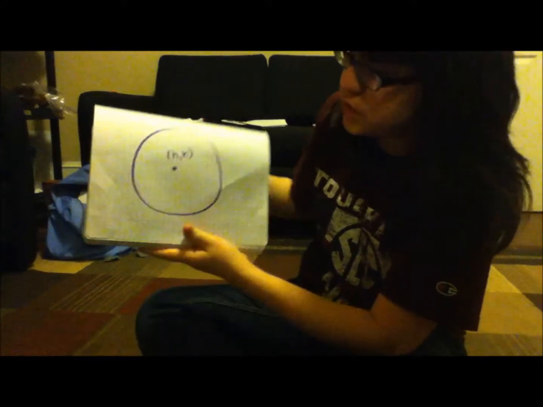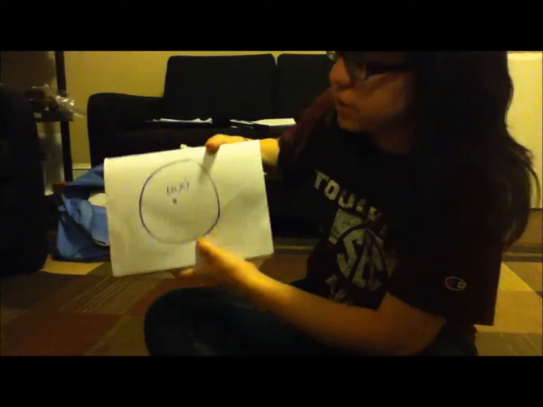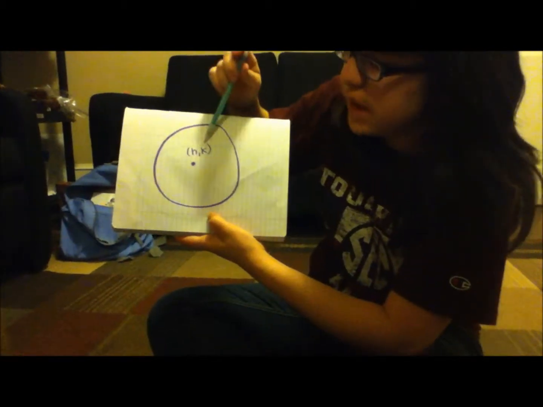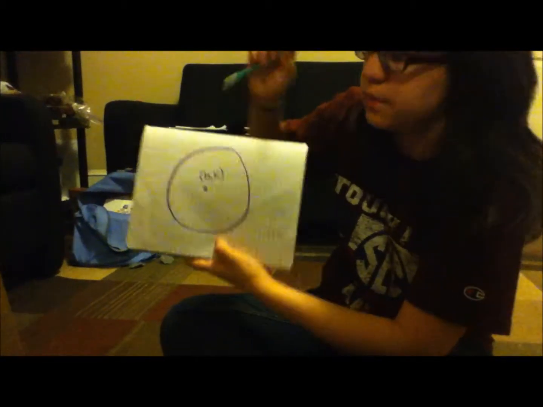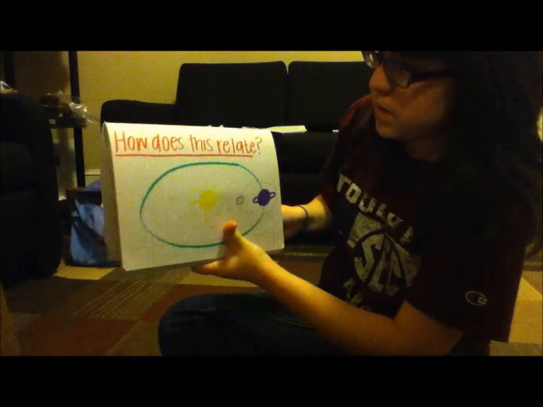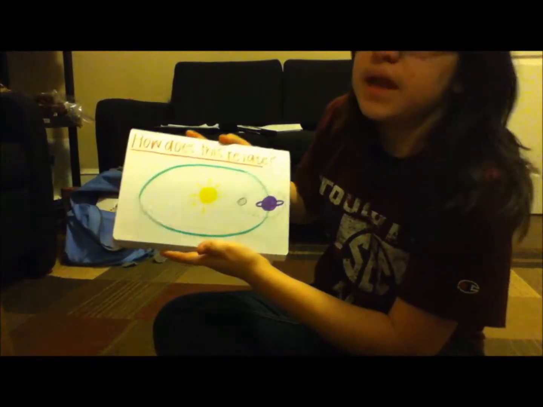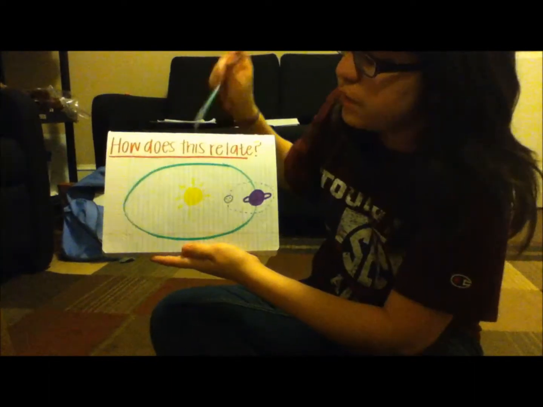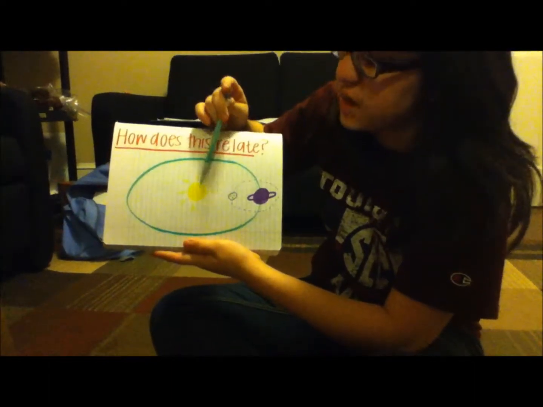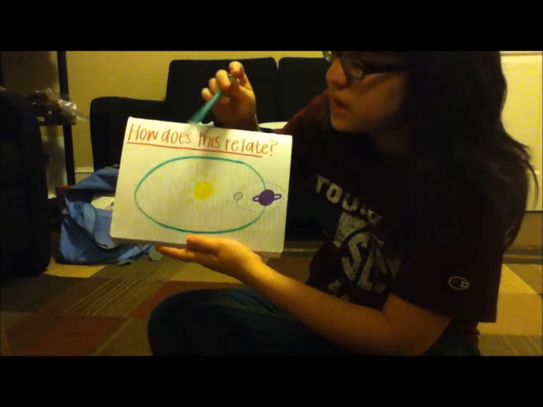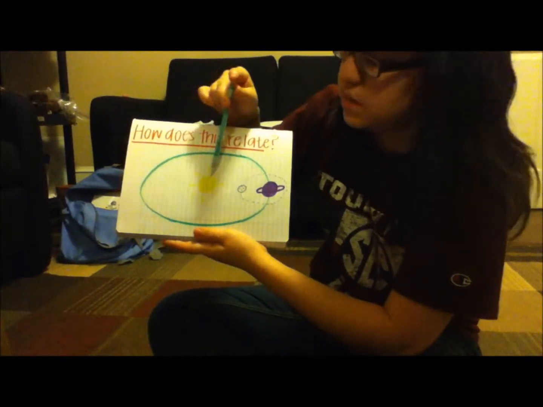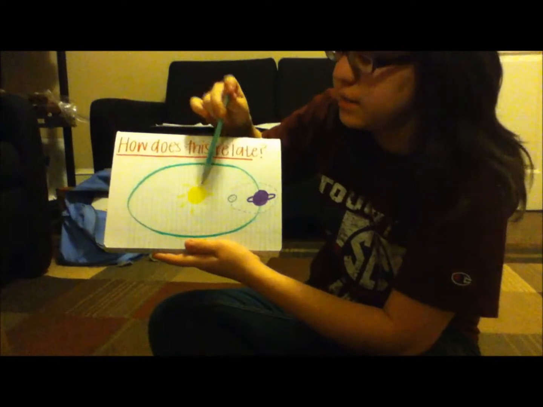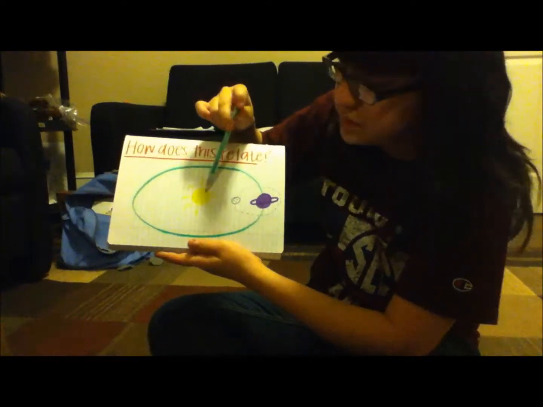And this is a picture of a circle with h comma k being the center of the circle. Now, how does this relate to a real world application? Well, right here, as we all know, the sun is the center of our solar system. So in reality, the sun could depict the h comma k point you would have in an ellipse.